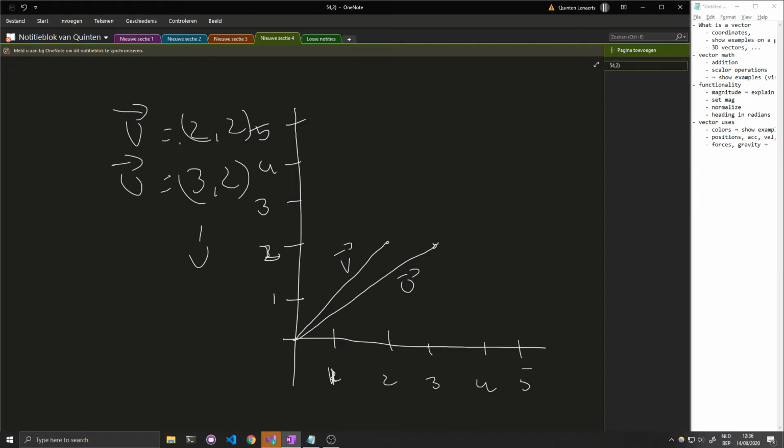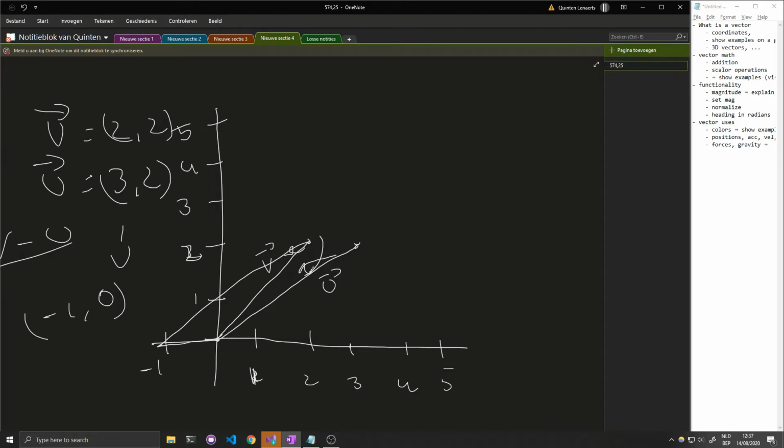Now we can also subtract these two vectors. In this case, we would get -1, 0, which would basically mean something like this, right? So -1. So we would have a vector pointing towards over here. In this case, we are subtracting v from u. So what we can do is we can simply put the end of the u vector at the end of the v vector, and then if we were to draw this u vector, we would get this, right?